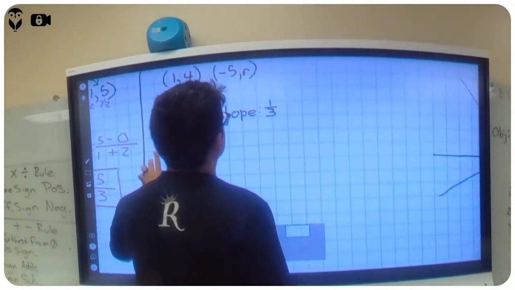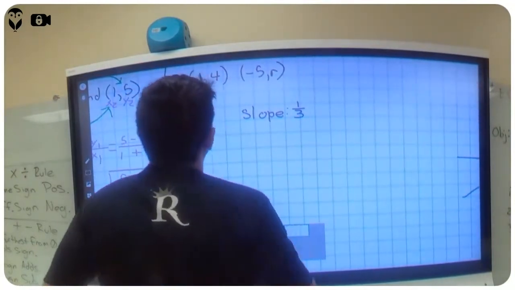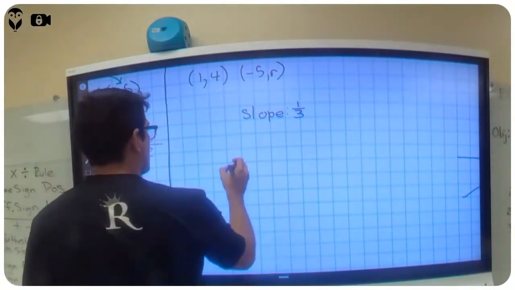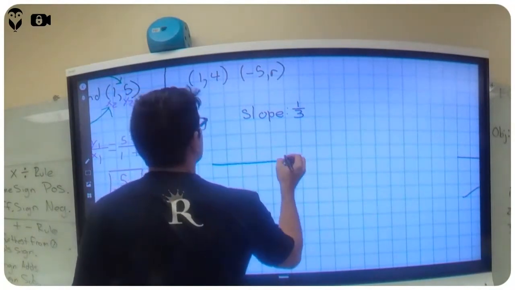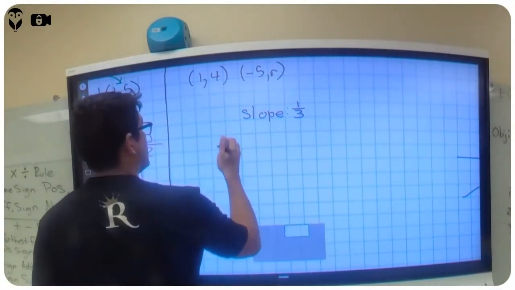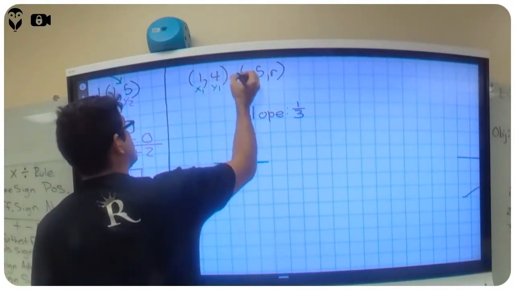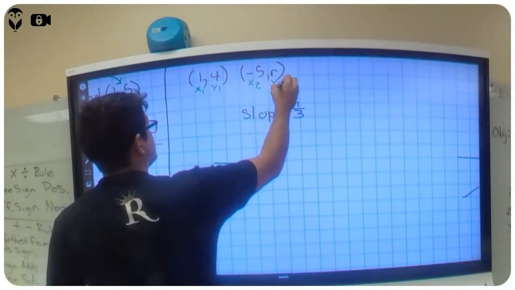So for this one, it reads, here are the 2 points, and here's the slope it has to make. So we know that the formula is, remember, x1, y1, x2, y2.